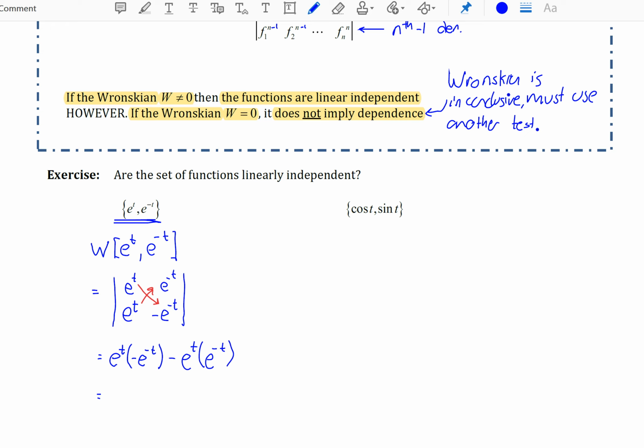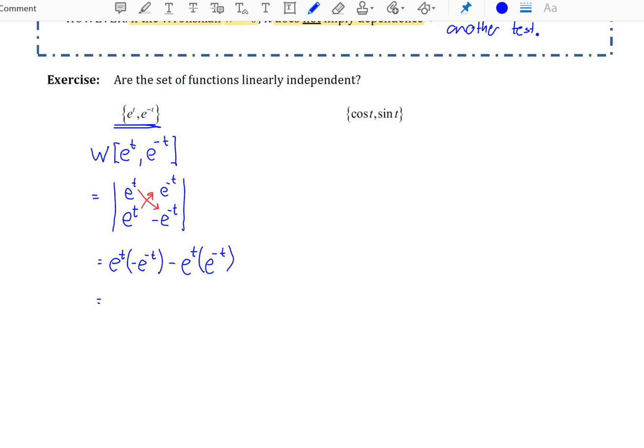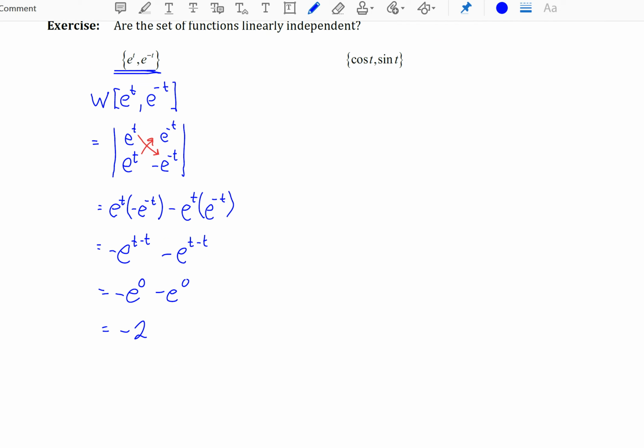Using rules of exponents, when we multiply exponential functions that have a common base, we add the exponents. So negative e to the t minus t, minus e to the t minus t, which is negative e to the 0 minus e to the 0, or negative 1 minus 1, which is negative 2. Notice that the Wronskian is not 0.